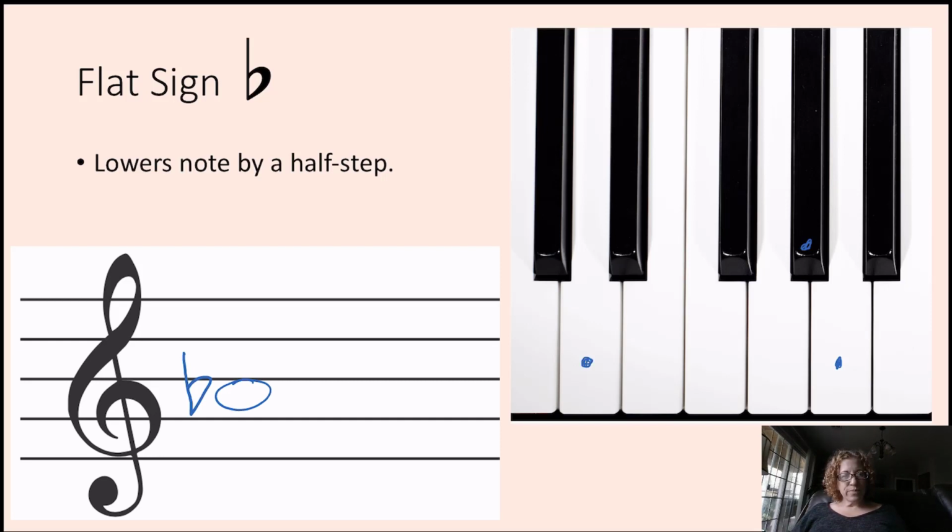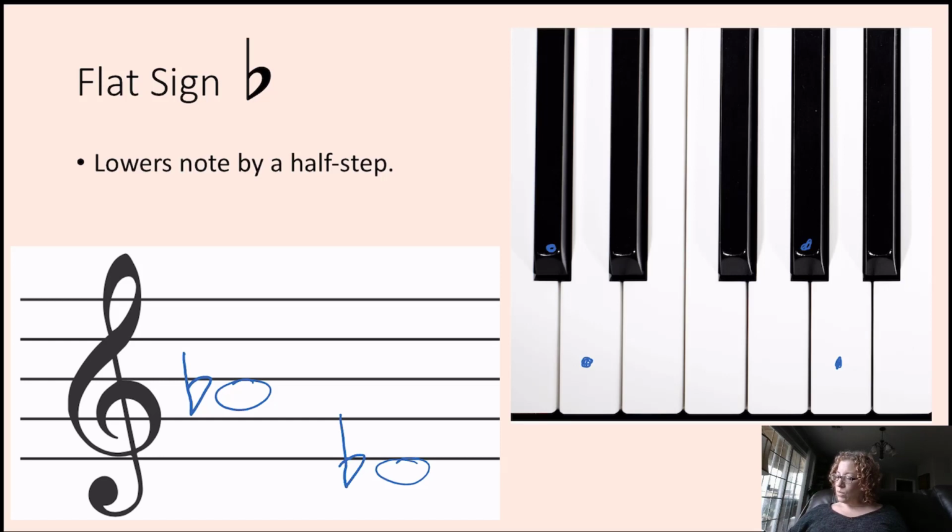Here it is on the piano keyboard, and I want to go down a half step. It's going to be D flat, with my sad little notes. I'm much better at this when I'm writing on a chalkboard or a whiteboard, but it is what it is. I'm doing it on my iPad so that you guys can follow along.